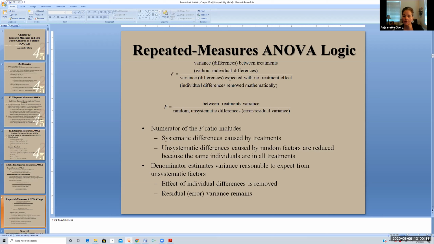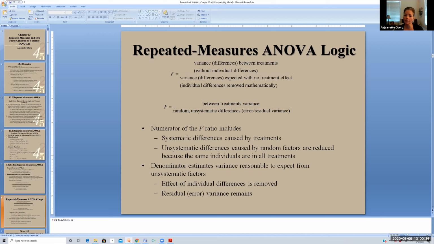And so what we want to do is break up this error, this random unsystematic differences, into that error variance, that residual variance that's left over. So with the numerator, we continue to keep those systematic differences between treatments.